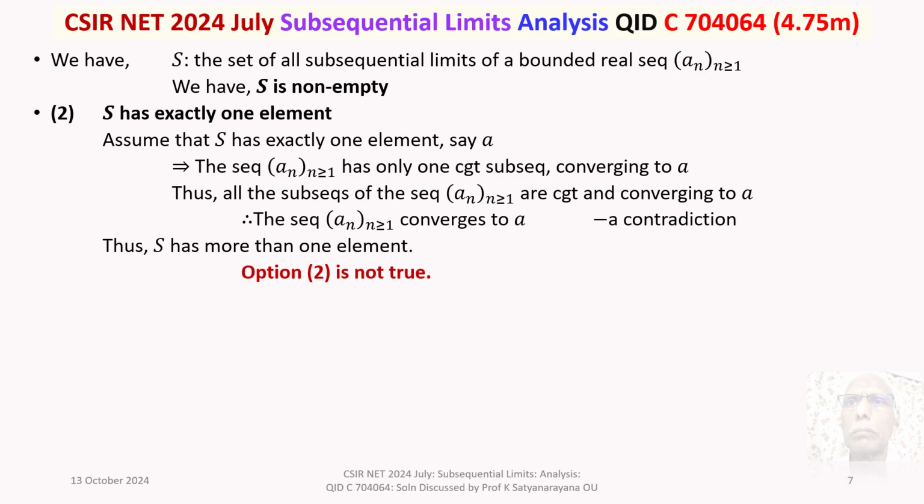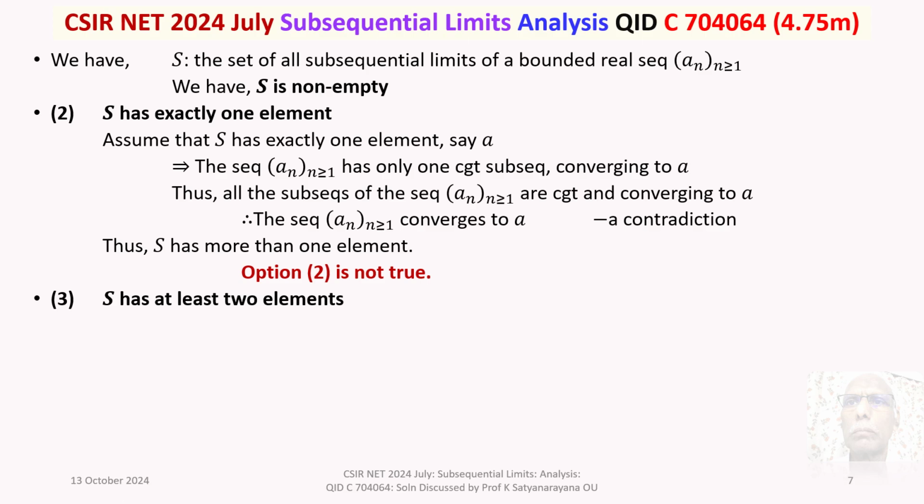Right. We come to option 3: S has at least two elements. We have seen that S is non-empty. In option 2, our discussion says S has more than one element.